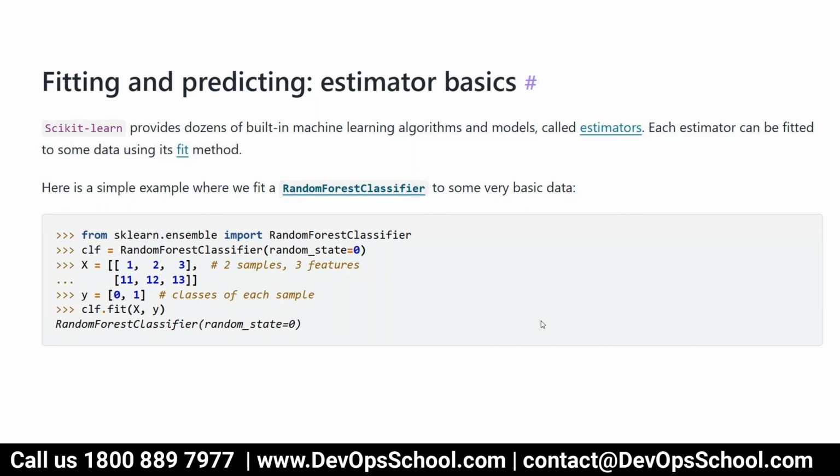So some Python program, again we'll run some lab on this. Again, this is all official documentation only. So if you see, Scikit-Learn provides dozens of built-in machine learning algorithm models called estimators. Each estimator can be fitted on some data using the fit method. Here is a simple example where we fit a random forest classifier to some very basic data.